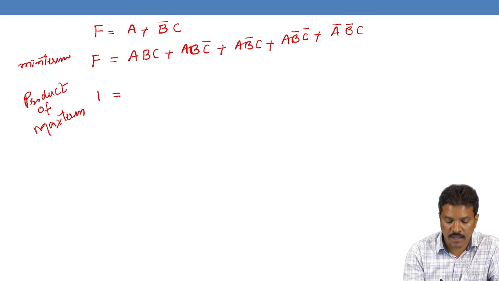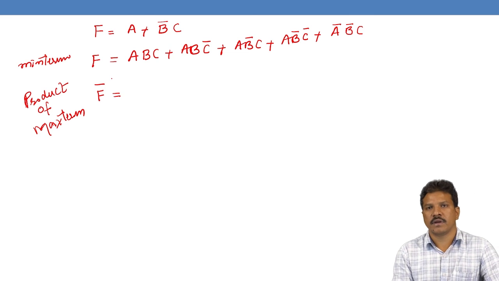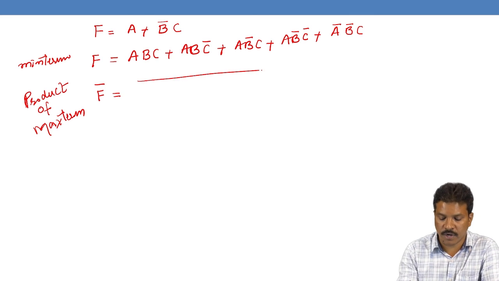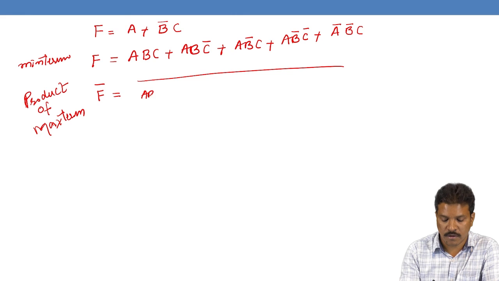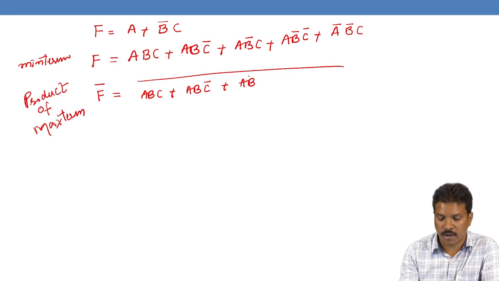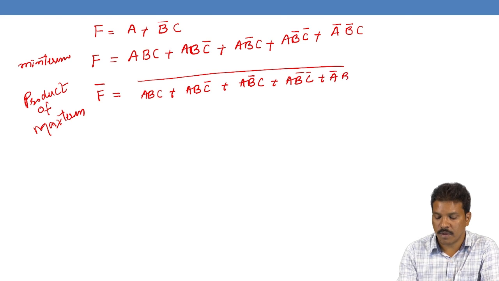So we take the complement of this one. When we take the complement, we get ABC, ABC bar, AB bar C, AB bar C bar, A bar B bar C. Now we can apply De Morgan's theorem.